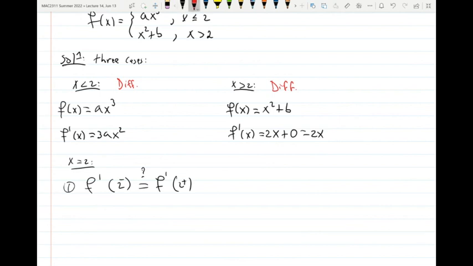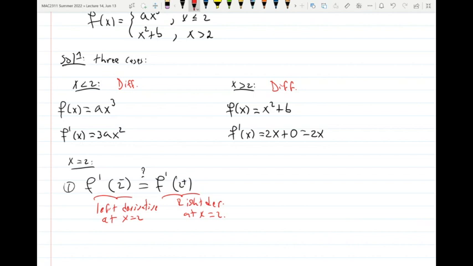Let me just say here, left derivative at x equal to 2, and by this I mean the right derivative. So the question is, do these two guys match? And then if yes, we can answer differentiability.